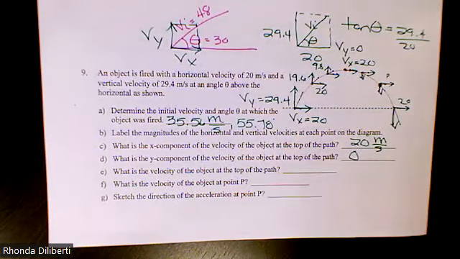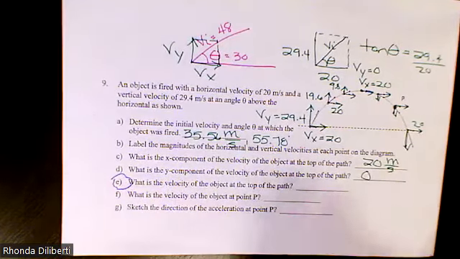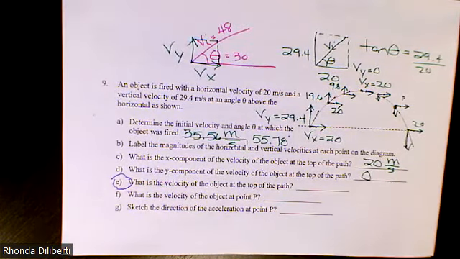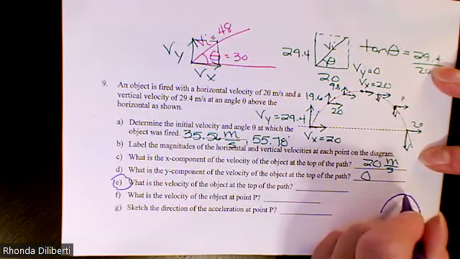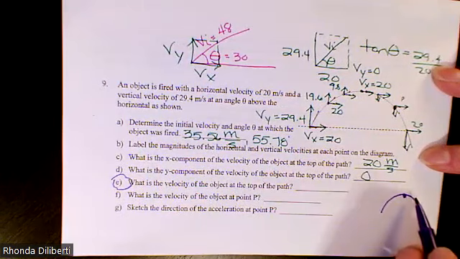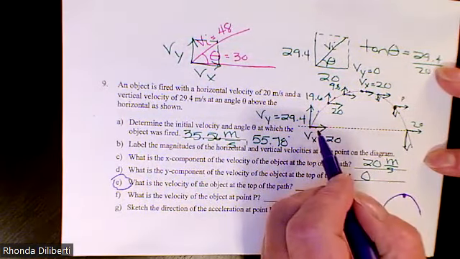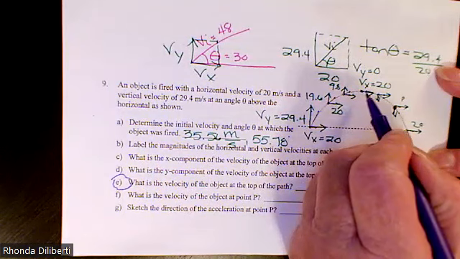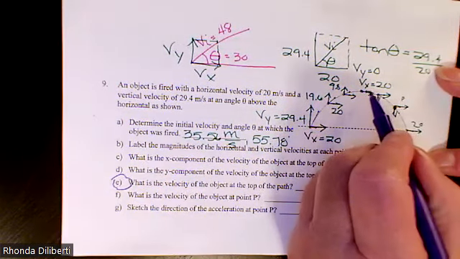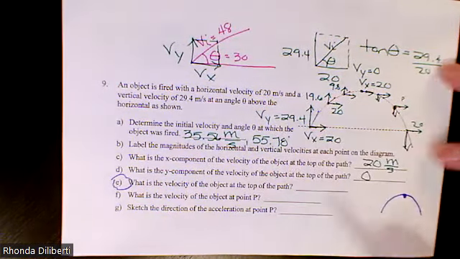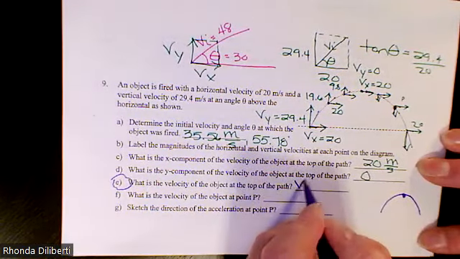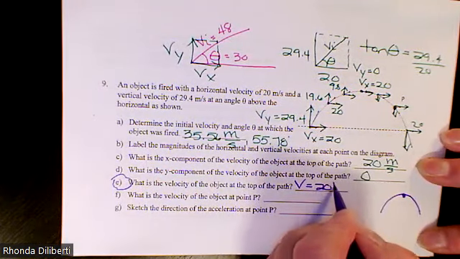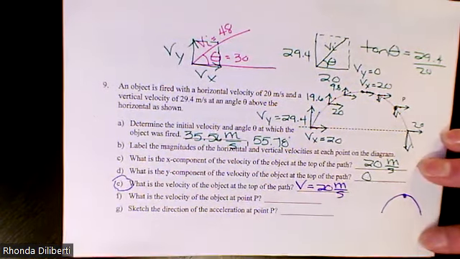But this is the key question that people ask all the time. It says, what is the velocity of the object at the top of the path? We always have this natural inclination that the velocity at the top of the path is 0, but it's not, because when you have projectile motion, you always have this x component that never goes away. So the velocity at the top of the path is always equal to the x component. In this case, it's 20 meters per second.